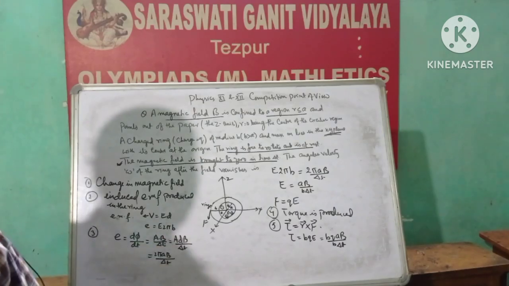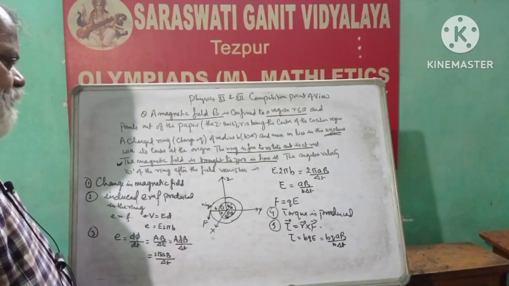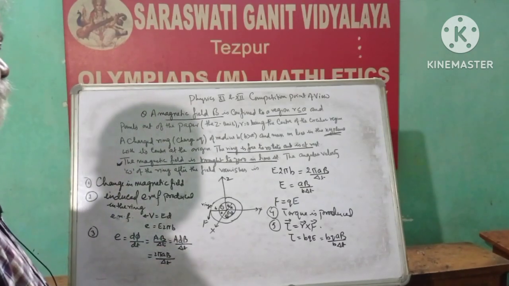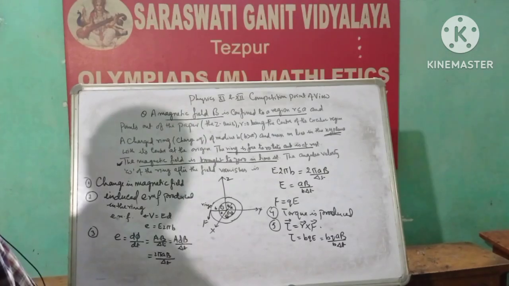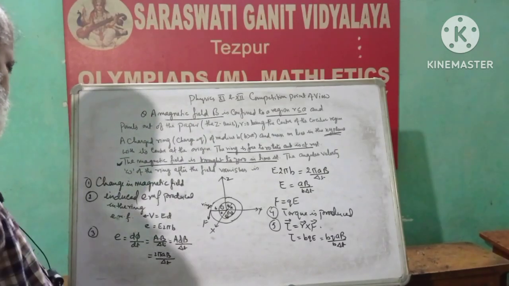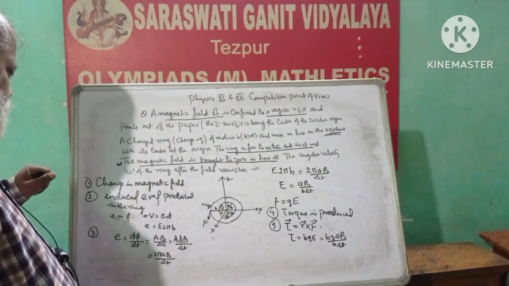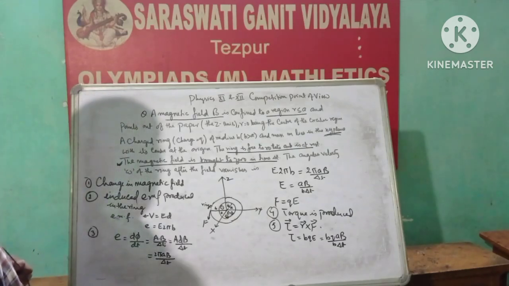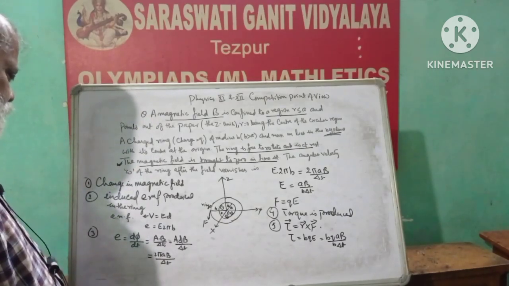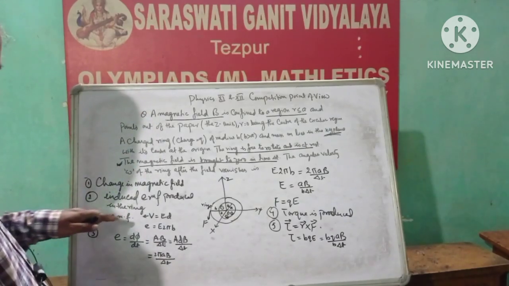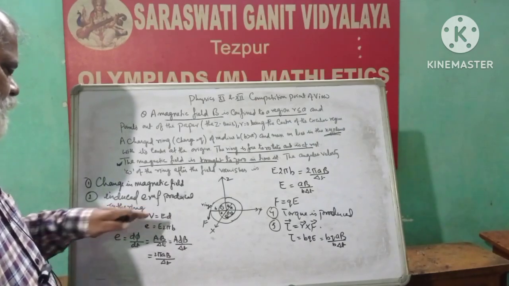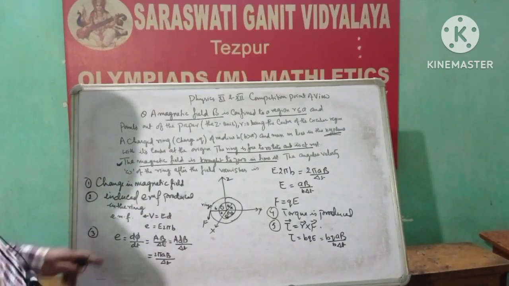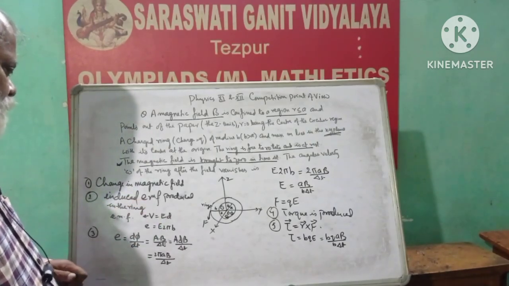Your fifth point: here you see what happens. A torque is produced. A change in magnetic field means the induction effect. Again there is the relation between V and E, that is potential and electric field.